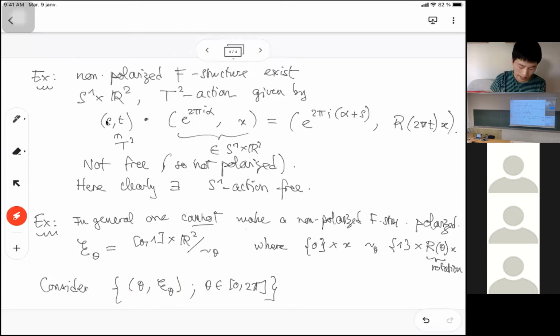And when theta is 2 pi, then actually you have an isometric object. So it's also the flat S1 cross R2. So there's a natural isometry between E0 and E1, and you identify E0 and E1 using that isometry.